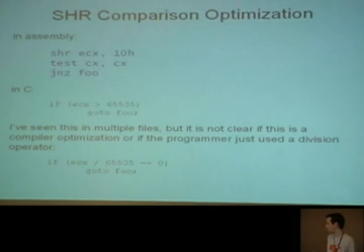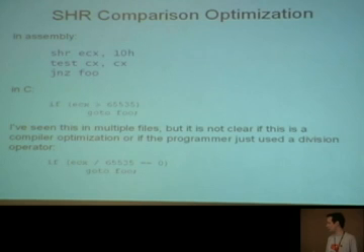Here's another thing which I've seen a couple of times. I'm not quite sure why it is there, but I've seen this code where you shift the register right by 10h, then you test, and then jump. Shifting it right is equivalent to dividing by 64K. And then you check if the result of the division is 0, which is equivalent to checking if the higher 16 bits of the register are 0.